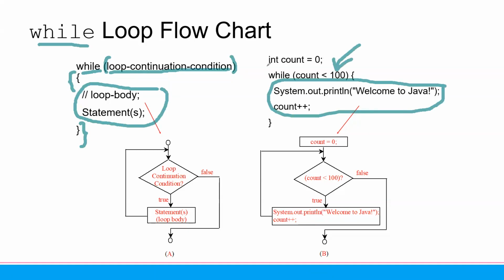So let's say in the first part, I put count equals 0. The variable count starts from 0. There is a question: while count is less than 100, is 0 less than 100? Yes, it is true. Because the condition is true, we print welcome to Java.